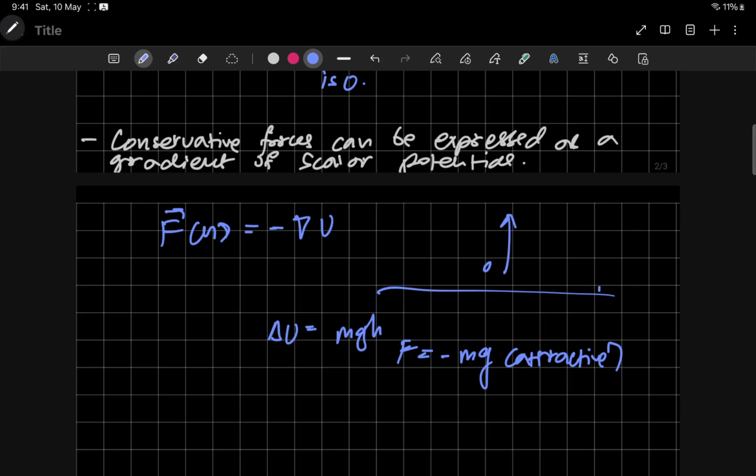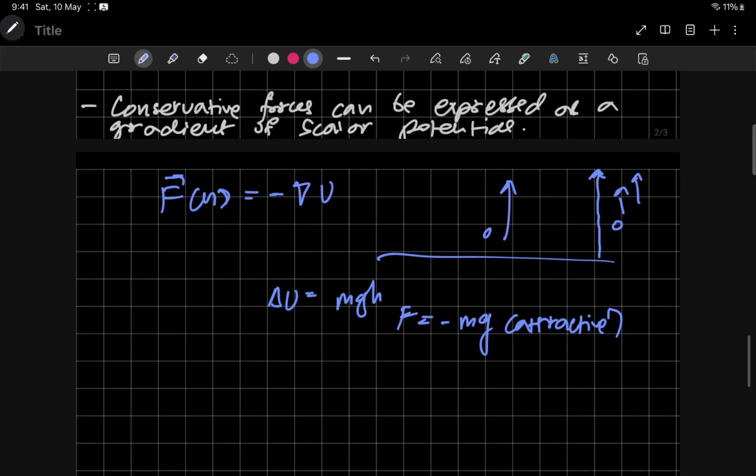As you keep bringing the ball up, it becomes more difficult for you to keep moving it up, because you are expending your energy to work against gravity to bring it down. So that is why this negative sign is here. Okay, so in some crude sense, this is how it works.